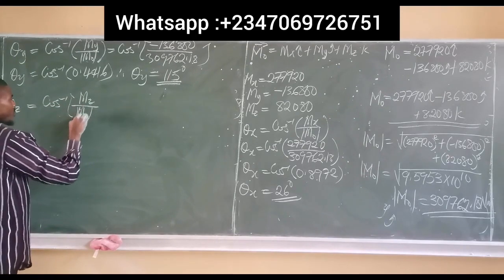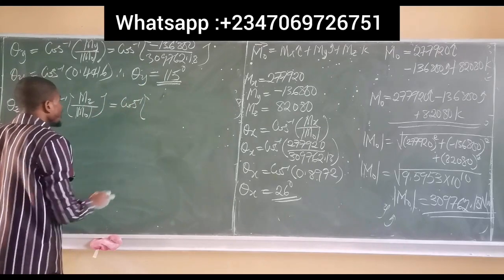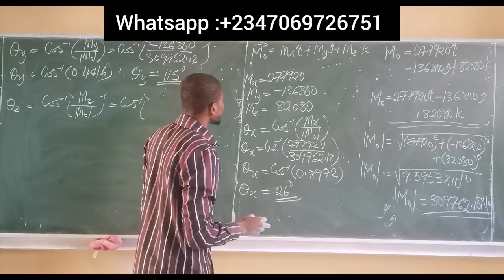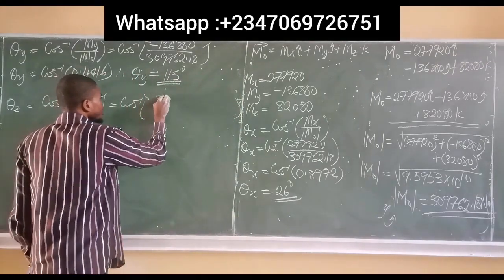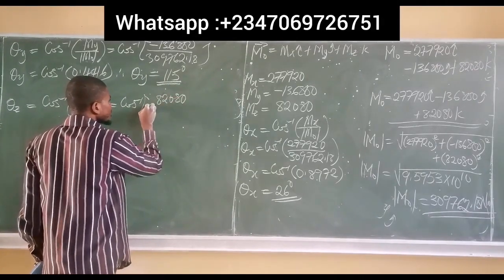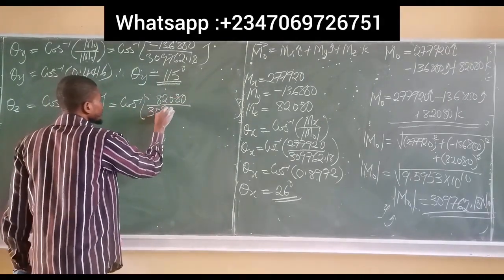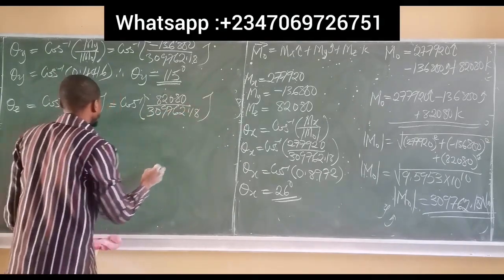This is equal to the cos inverse of moment about z. Moment about z simply gave us 82,080, so we have 82,080 all over the magnitude of moment, which remains 309,762.18.